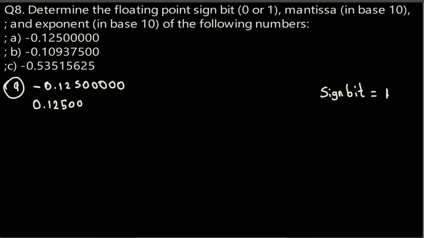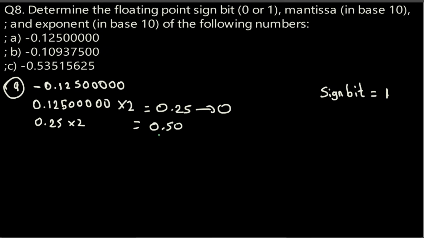0.125000, and I multiply this by 2 until I get 0.0000. So if I multiply this by 2, that gives me 0.25, and here we have 0 in front of the decimal point, so that's going to be right here. And then 0.25 multiplied by 2 is 0.50, 0 in front of the decimal point, so that's going to be here.